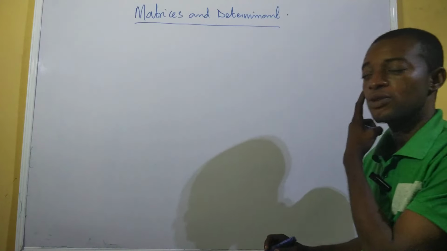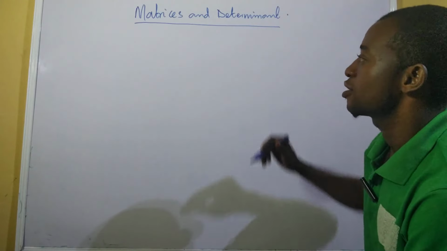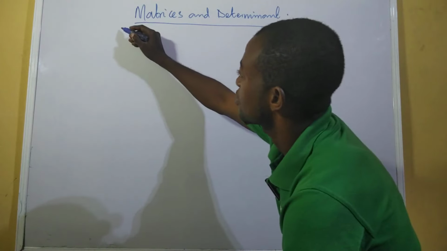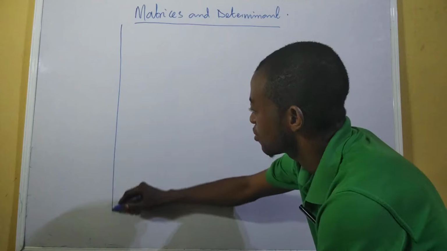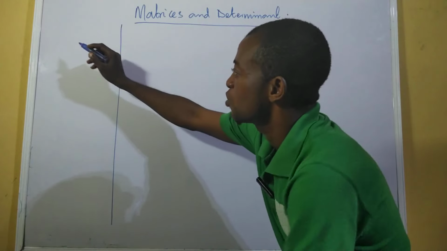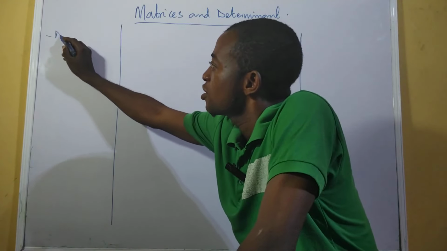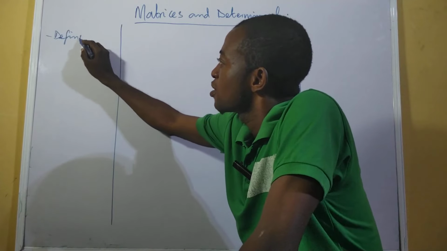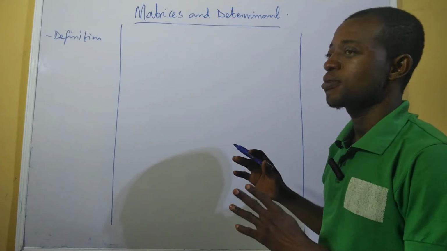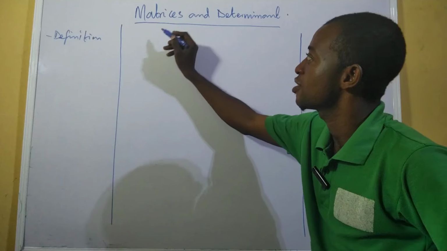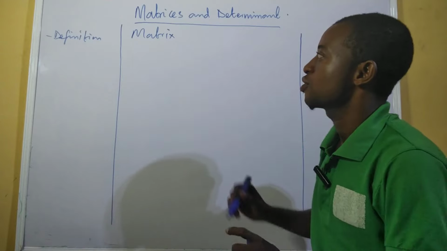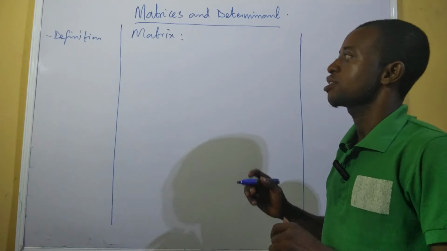And let's start by looking at the outline of what we want to consider in this class. We'll be looking at the definition, that is, what we mean by a matrix. Matrices is plural, and matrix is the singular. So what do we mean by matrix?